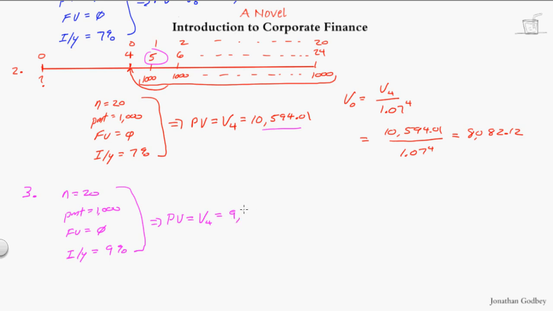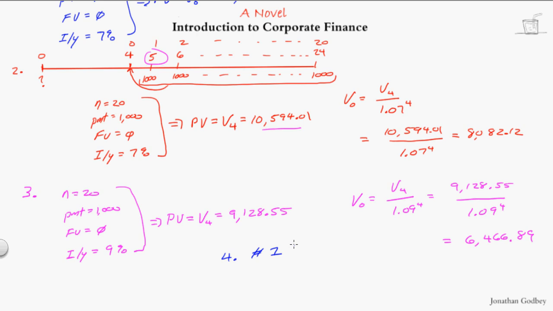It's 9,128.55, and then the value today is the value in year 4 divided by 1.09 to the fourth, which is 9,128.55 divided by 1.09 to the fourth, which is equal to 6,466.89.